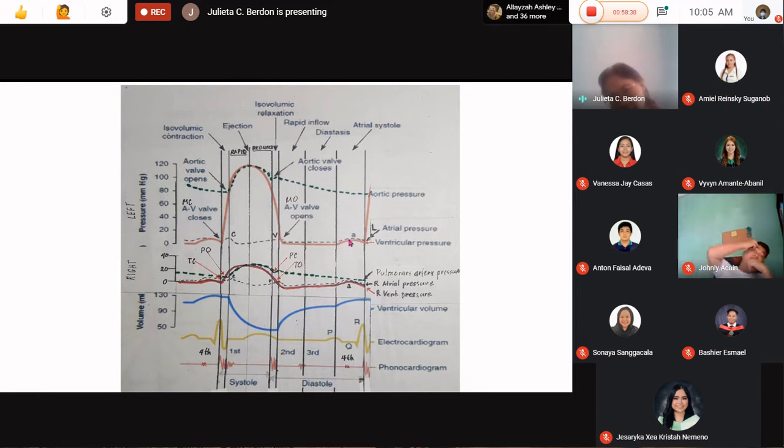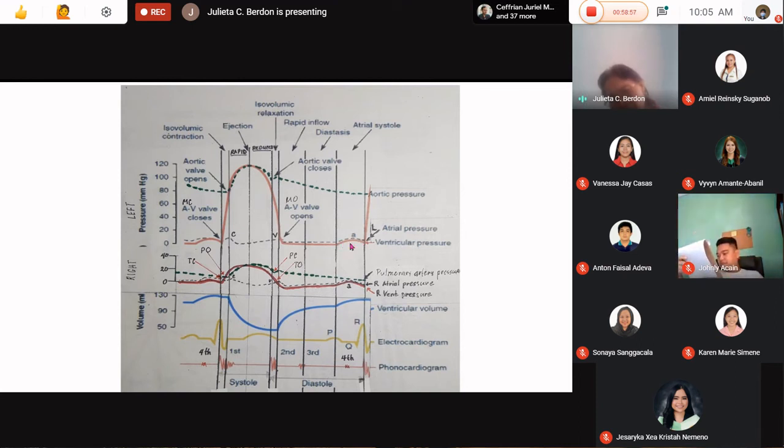So, there is a slight increase in atrial pressure. And also, because they are acting like one vessel, ventricular pressure, the A wave, which is atrial contraction, is also reflected in the ventricle. So, mura po siya nag-A wave po ng ventricle. So, and atrial pressure is still greater than ventricular pressure.